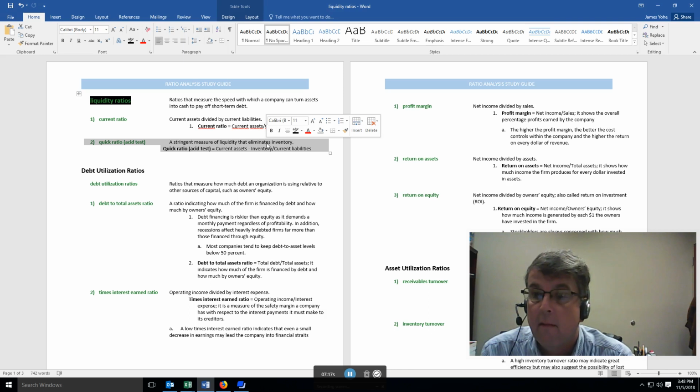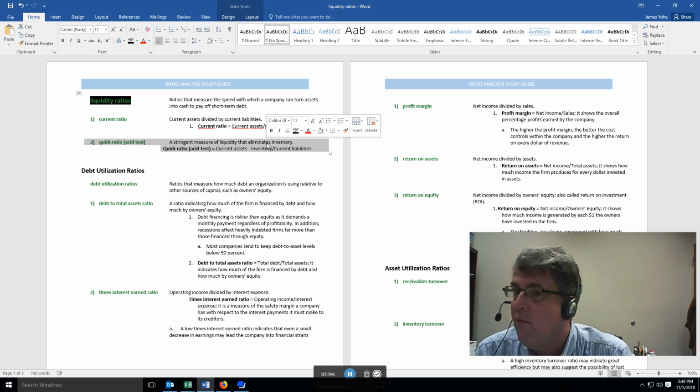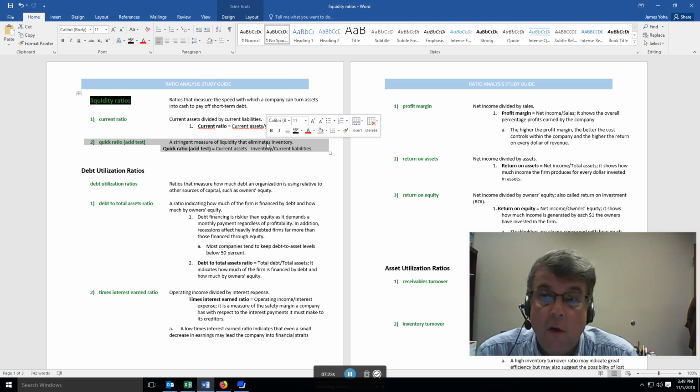I've never been. So I don't know if this inventory they have is easily convertible into cash. I don't know if it's in fashion, right? Maybe new kayaking clothes are coming out, better material, better design. I don't know how marketable this inventory is. So I throw that out.